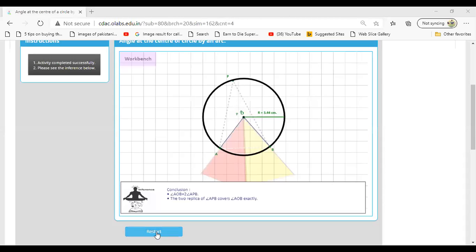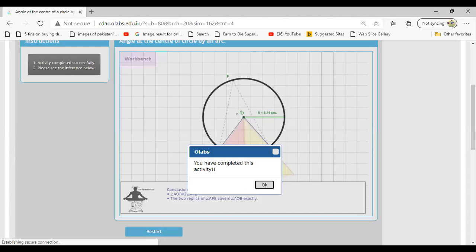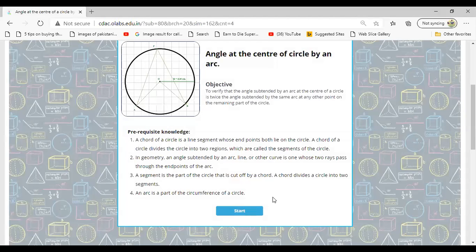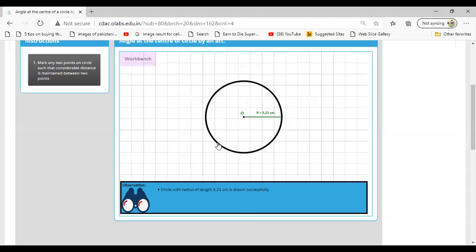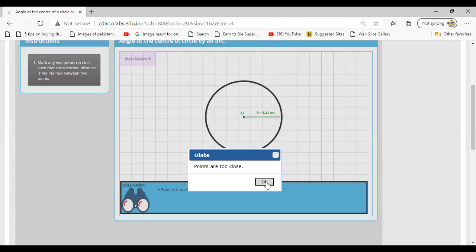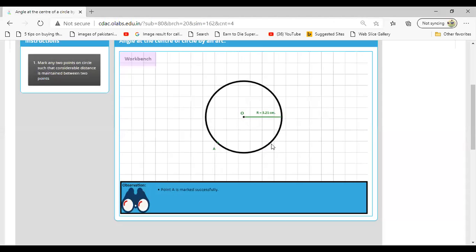So got it. Restart again. You can do it once. Again, start. Make the circle. Take 2 points. Take the 2 points away, they should not be close. Take the third point. As I told you, we can take it anywhere. Okay.